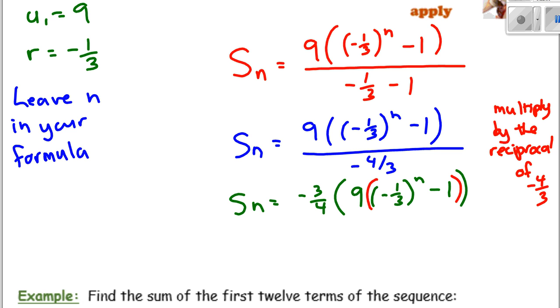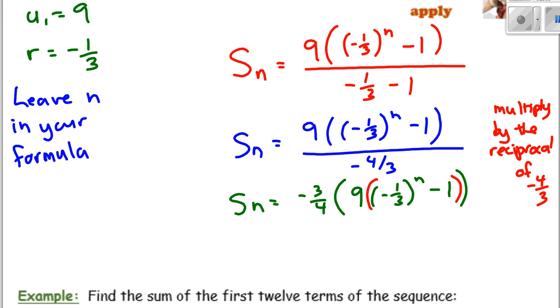Wait, okay, so if we just expanded the first top bracket, would it simplify to -3 to the power of n minus 9? Oh, the 9 would have to be multiplied by that term as well. You'd have to do 9 times that, and then 9 times that. Which in a way is even less simple than that version.